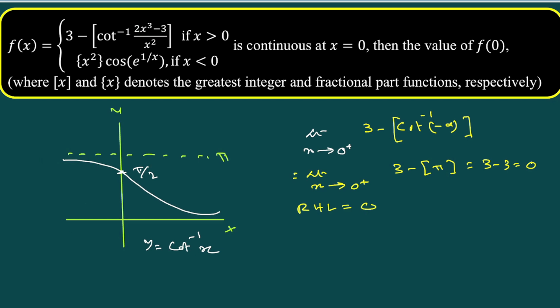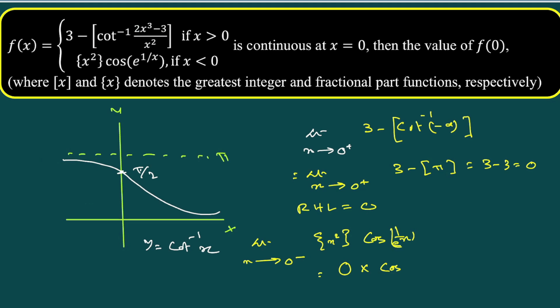Let us come to the left hand limit. As x tends to 0 minus, we have the fractional part of x square times cos of e to the power 1 by x.